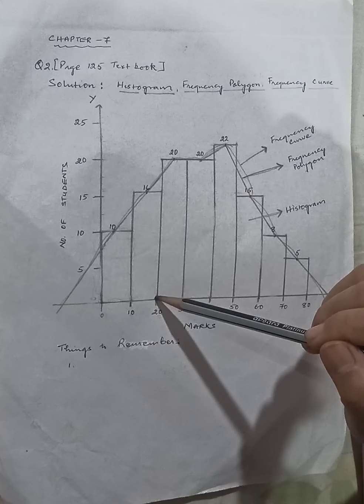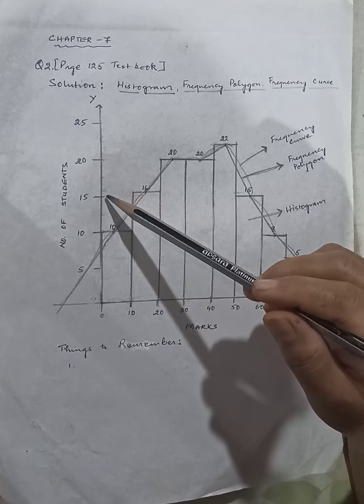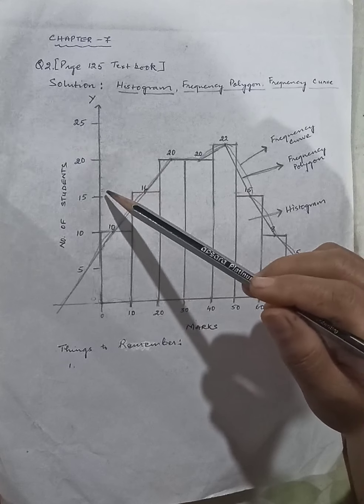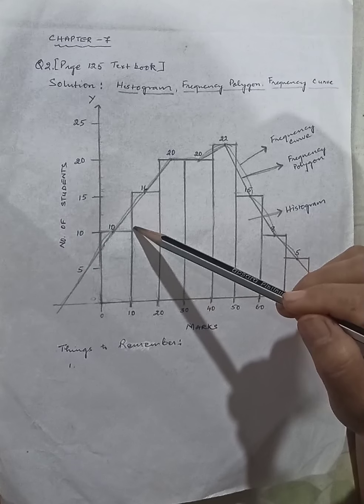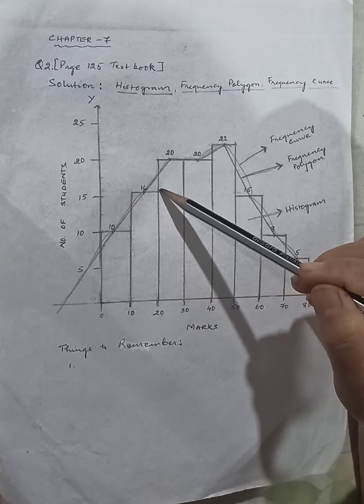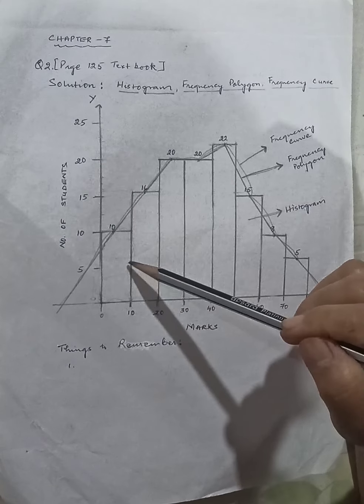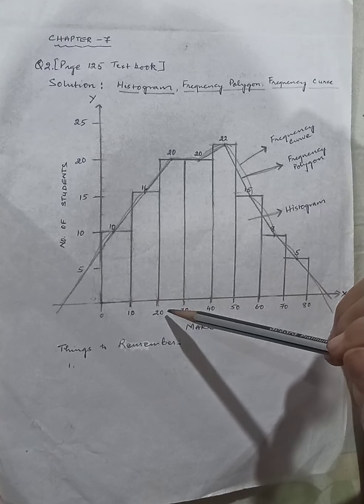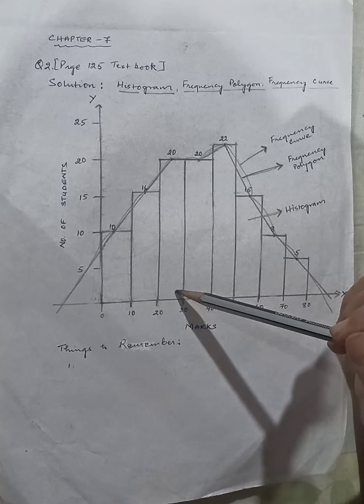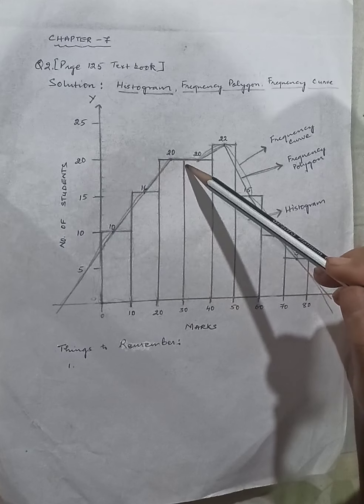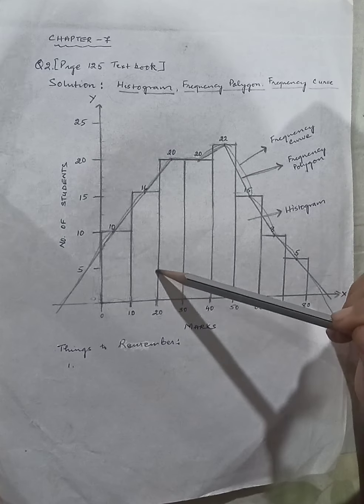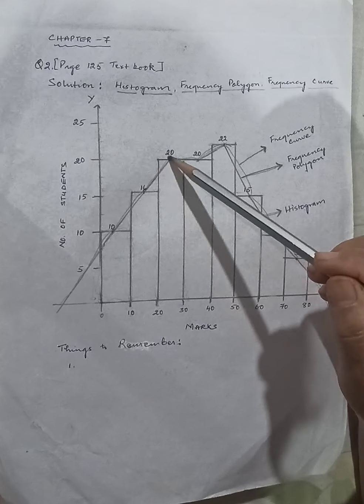Here we draw a line. The frequency is 16. So here 15 falls and 16 will be somewhere like this. So based on the first class interval, we draw another rectangle which is attached to it. And then 20 to 30, the frequency is 20. So we draw a line here and make another rectangle based on the second rectangle.